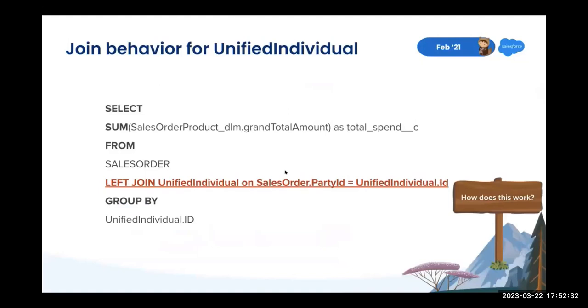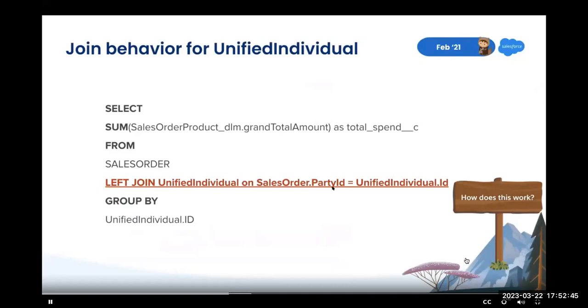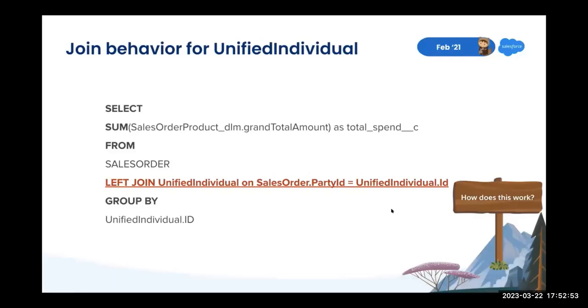In our data model, this party ID is actually linked to the individual ID, because unified individual ID would be something different. It would be built after match and merge, which reconciles multiple IDs in case there are multiple identities within the system. So this is an interesting join.